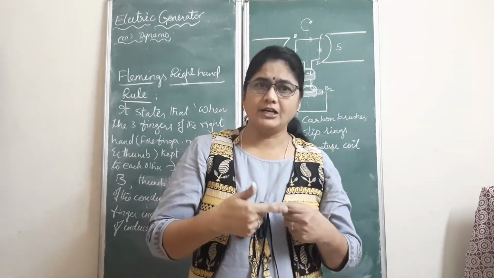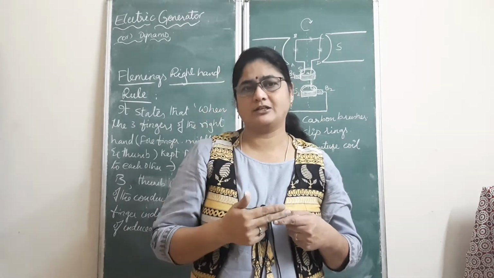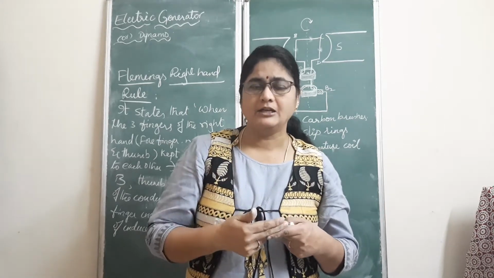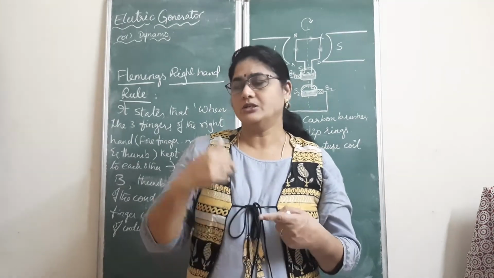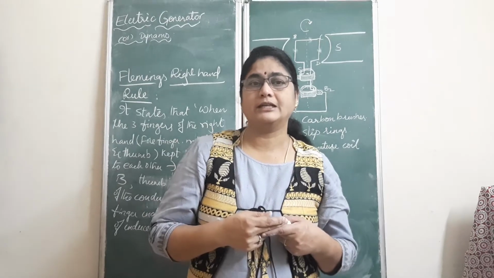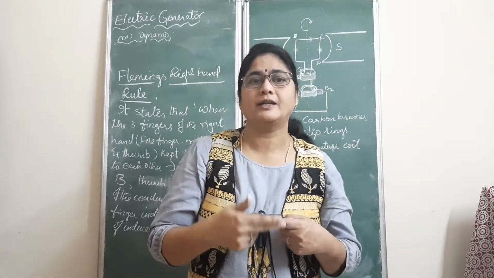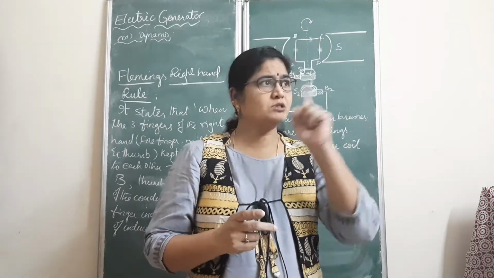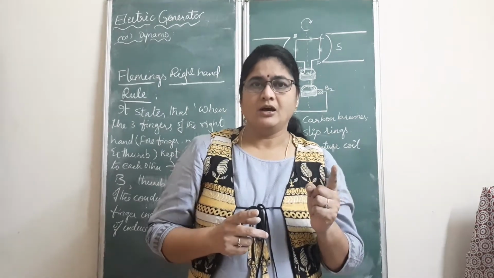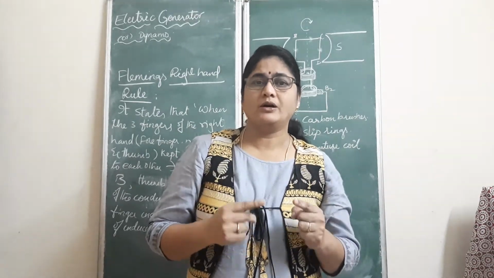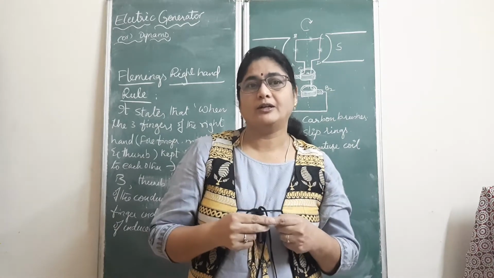When we are generating electricity, we have two types: alternating current, and also direct current. Today we are going to learn about alternating current, how we can generate it, because most house appliances and factories use alternating current.